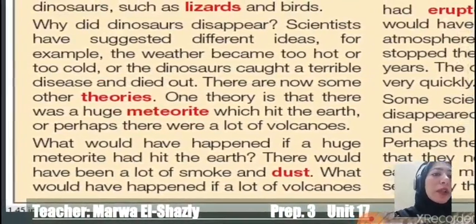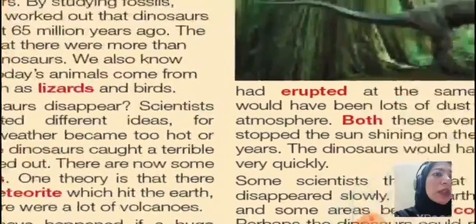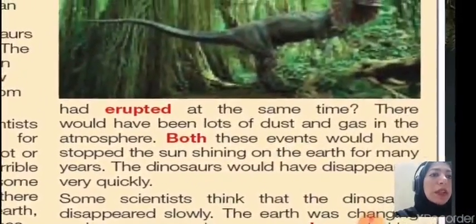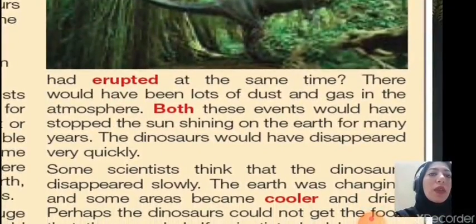What would have happened if a huge meteorite had hit the earth? There would have been a lot of smoke and dust. What would have happened if a lot of volcanoes had erupted at the same time? There would have been lots of dust and gas in the atmosphere. Both these events would have stopped the sun shining on the earth for many years.